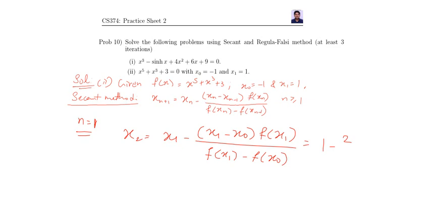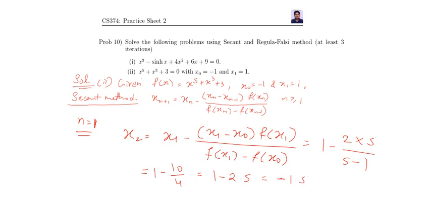So 2 into 5, divided by 5 minus f of x0. x0 is minus 1, so replacing x by minus 1: minus 1 to the power 5 is minus 1, minus 1 to the power 3 is minus 1, so minus 2, plus 3 is 1. So x2 equals 1 minus 10 by 4, that is 1 minus 2.5, which equals minus 1.5.